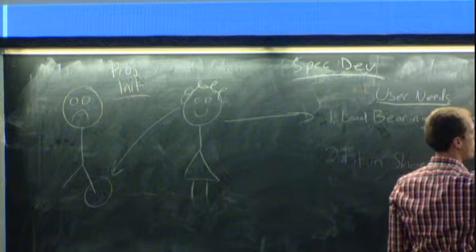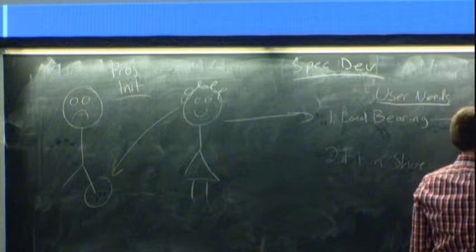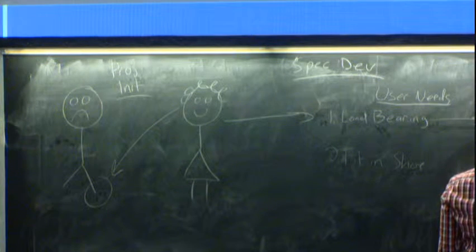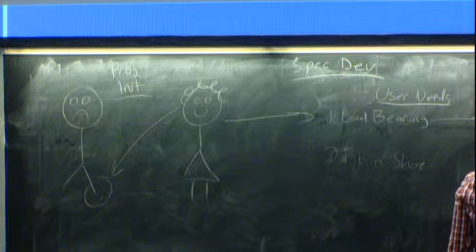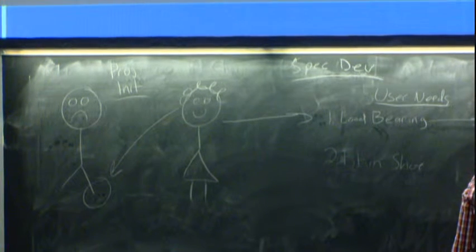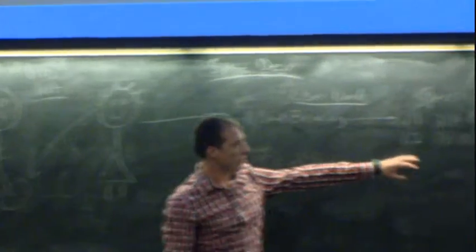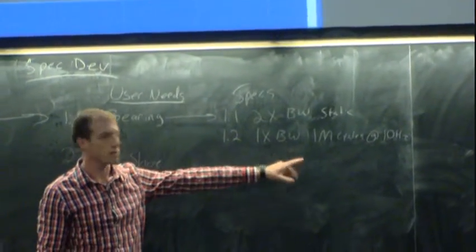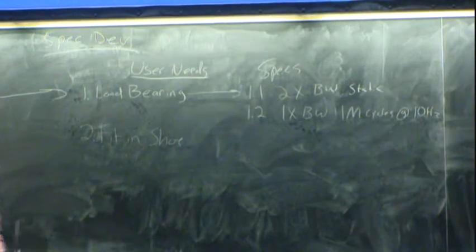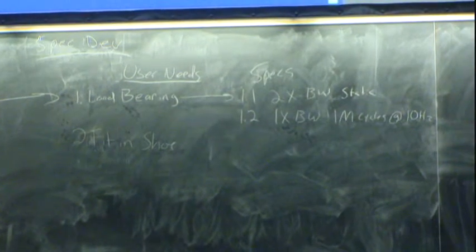Maybe we have one-time body weight for 1 million cycles at 10 hertz. Okay, so I can run a test for that spec. I'm going to load it up with body weight, run 1 million cycles at 10 cycles a second. So there's a couple of specs.